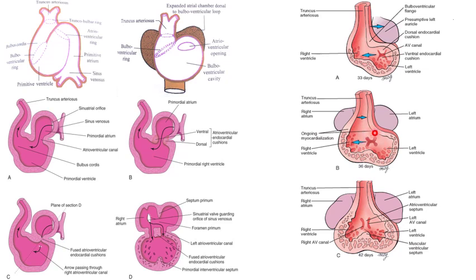In the previous class, we saw there is a bulboventricular ridge or flank between the proximal part of the bulbus cordis and the primitive ventricle. With the degeneration of that ridge, the atrioventricular canal is moved to the right side, where it becomes aligned with the right atrium and right ventricle.